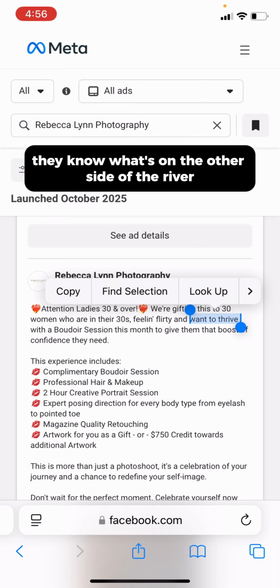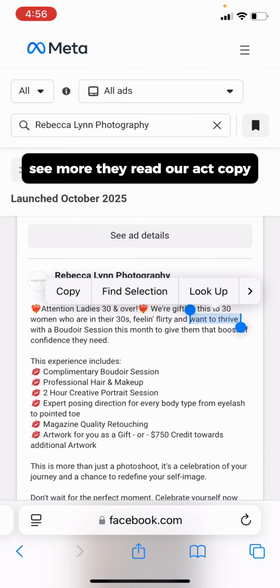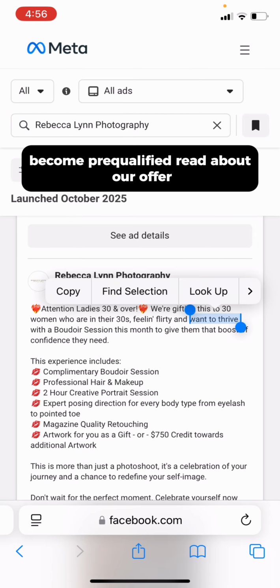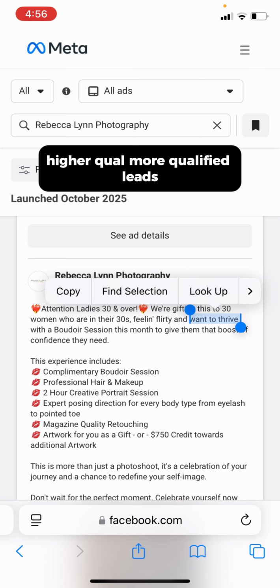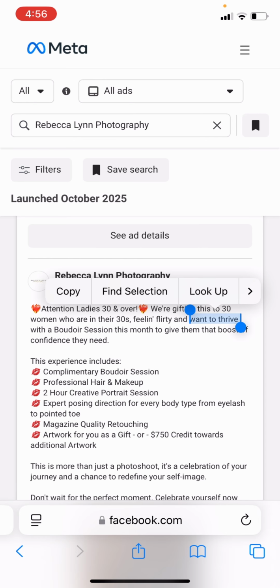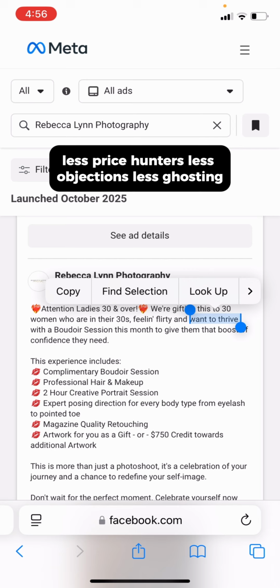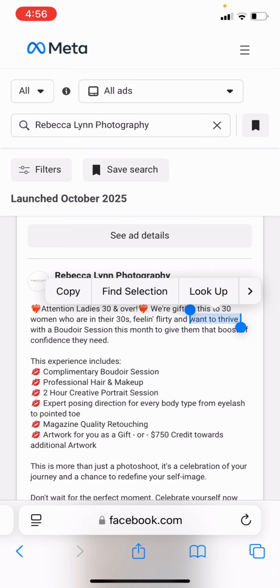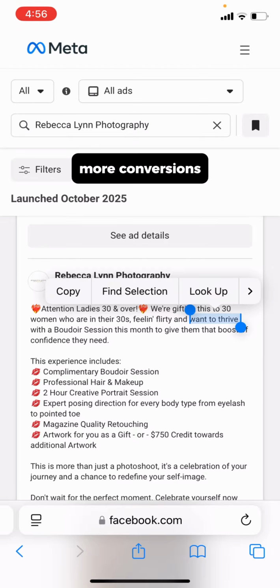So they know it's on the other side of the river. So higher chance they click the See More. They read our ad copy, become pre-qualified, read about our offer. More qualified leads, more qualified bookings, more qualified sales calls. Less price hunters, less objections, less ghosting. More sales, more revenue, more conversions.